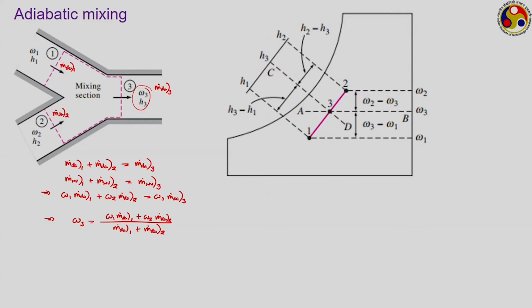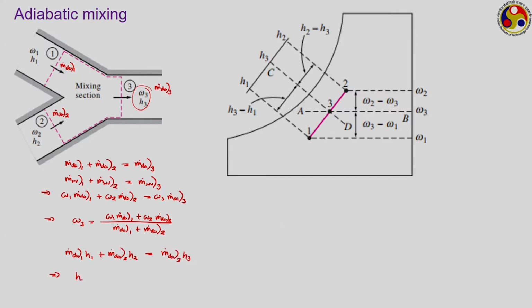Similarly, if we perform an energy balance on the same, then for stream 1 we can write the total energy content as m dot dry air 1 into H 1, plus for stream 2 m dot dry air 2 into H 2, and that is coming out with m dot dry air 3 into H 3.